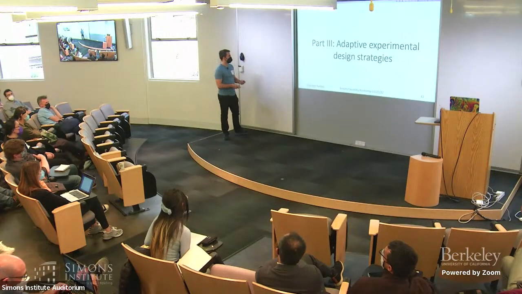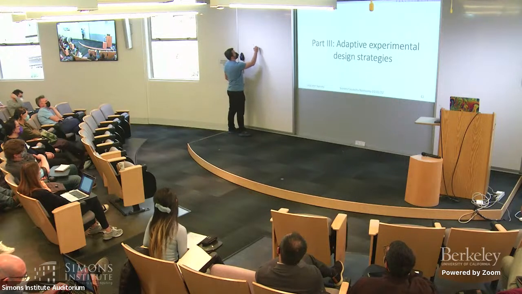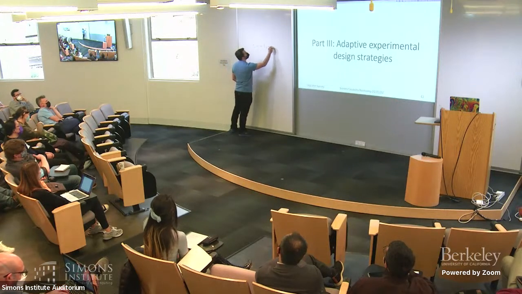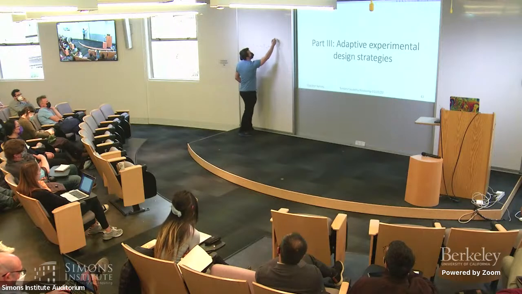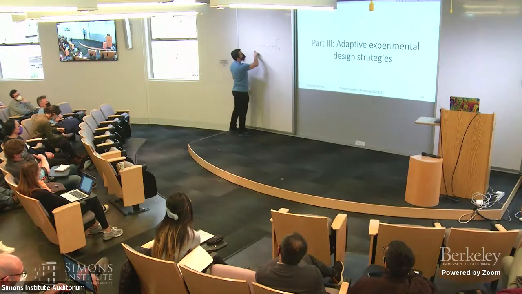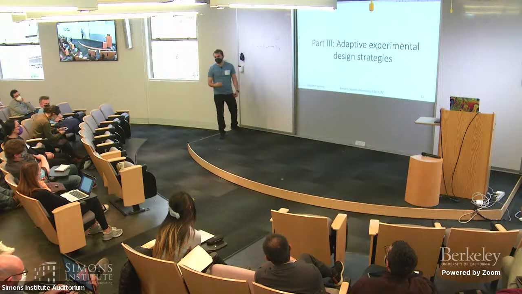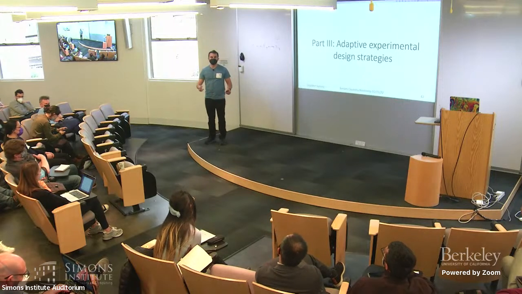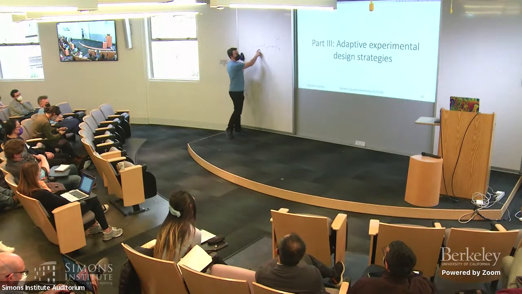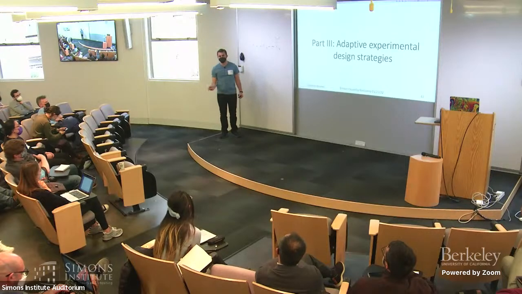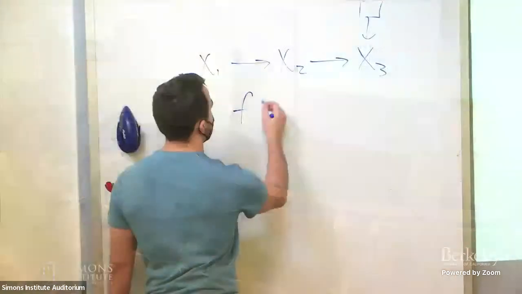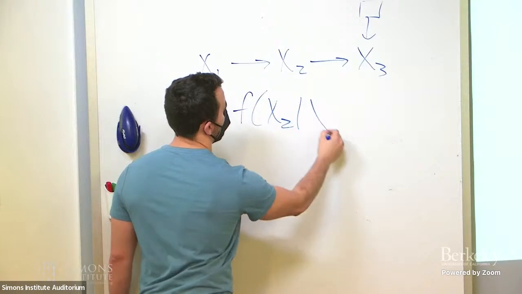So if I had this graph x1 to x2 to x3, and I intervene on x3, the data that I get on x1 and x2 from that intervention is still perfectly good for estimating this linear regression coefficient, or more generally, the distribution here.